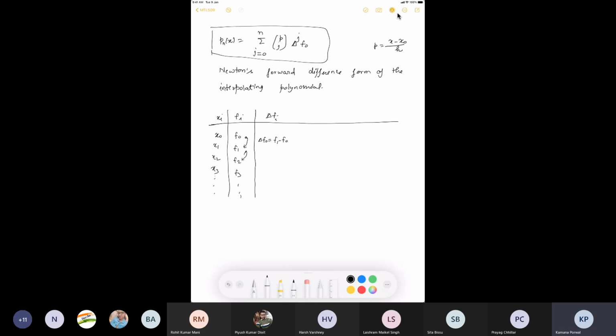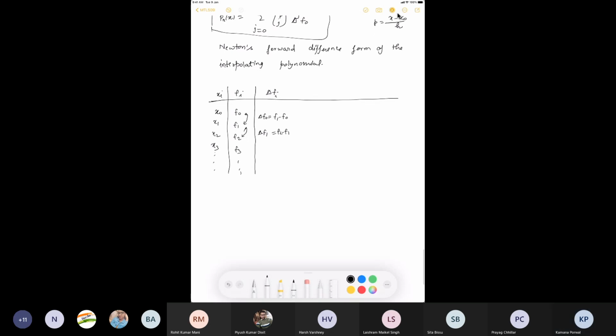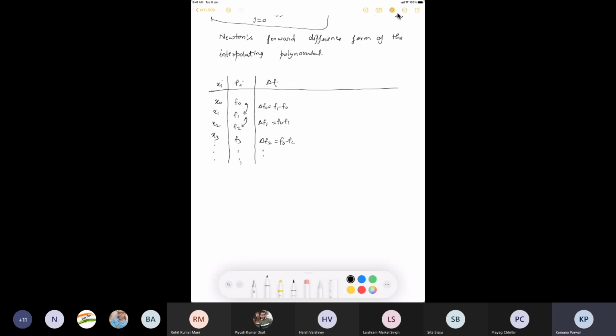Likewise, if you take the difference of the next two consecutive entries, you will get delta f1, which is nothing but f2 minus f1. And likewise, you can find all the first order forward differences. Basically, you simply take the difference of two consecutive entries from the vector fi.